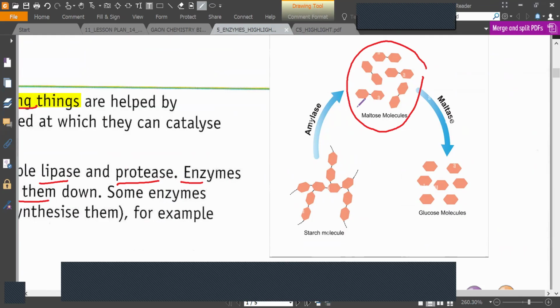These maltose molecules we can join together to make starch, or we can break down the maltose to get glucose. So both ways can happen, and for different processes we use a different enzyme.